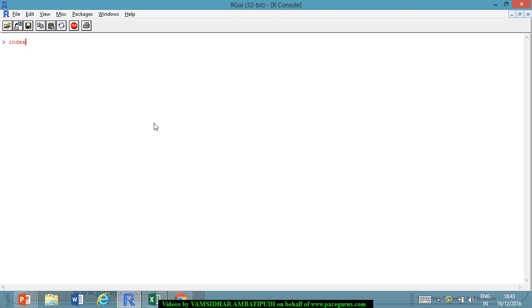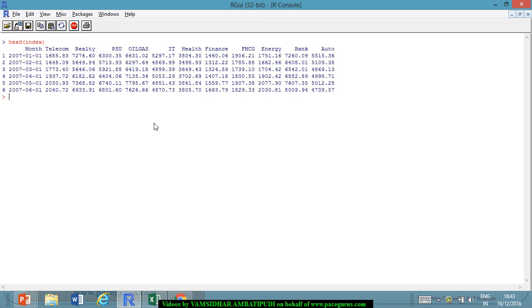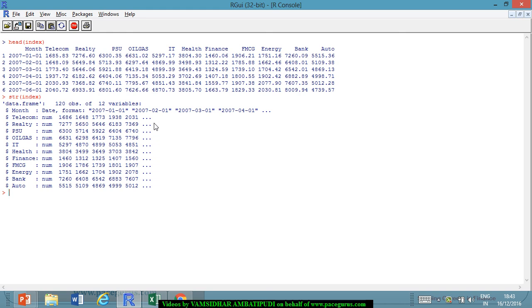Right, we had index. Let me take the head of index to relook at it. So this is what we had as the index, right? And the structure of index, it's a data frame, so the month is a date.